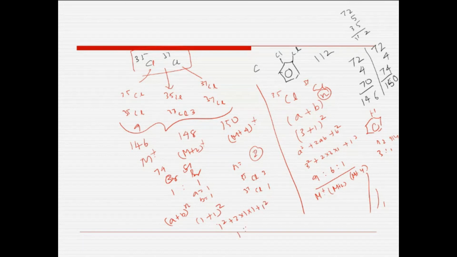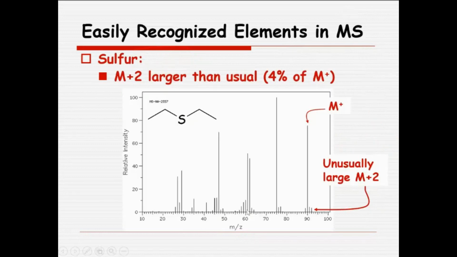So I'll be having 1:2:1. If both are bromine, you'll have an intensity ratio of 1:2:1. This is what they will ask. A combination of bromine and chlorine will not come; you will have either 2 chlorine or 2 bromine. Very simple problems. Once this is understood, we can solve them. Is this okay?